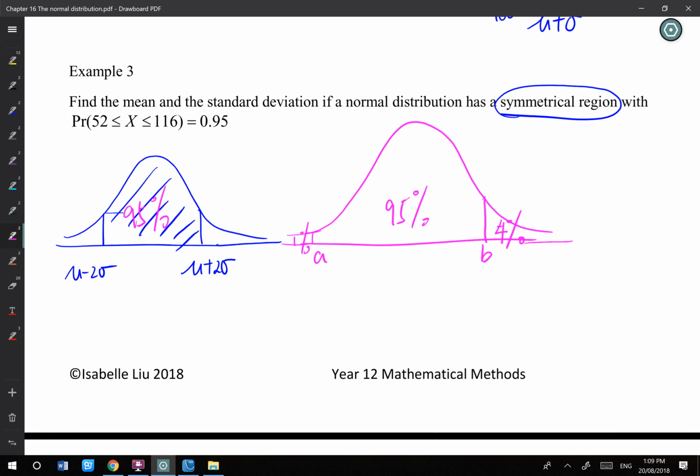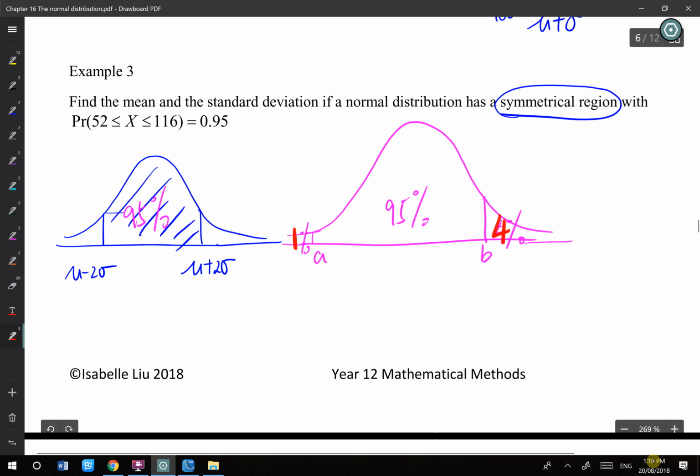Can you see that? So only within 2 standard deviations can I have a symmetrical region of 95%. If I have 1% here and 4% here, I'm still left with 95%. That's possible, and you know that's not going to be symmetrical. So when they say symmetrical region, the mean must be in between, in the middle.